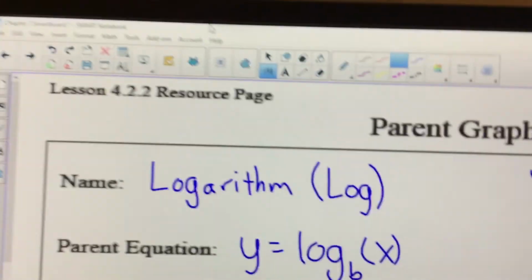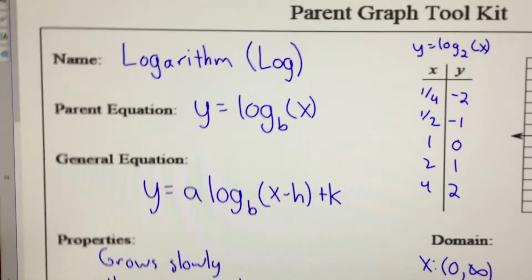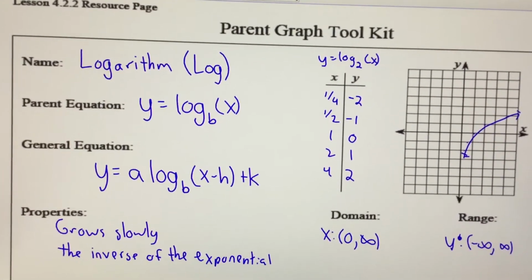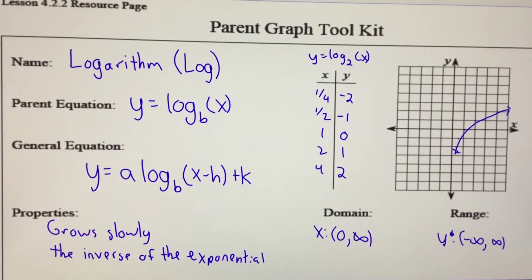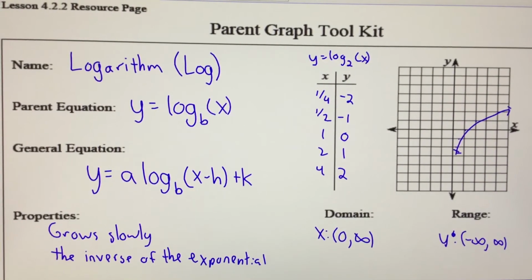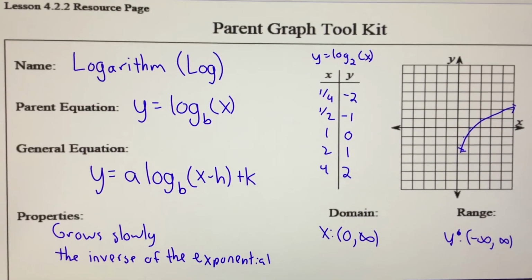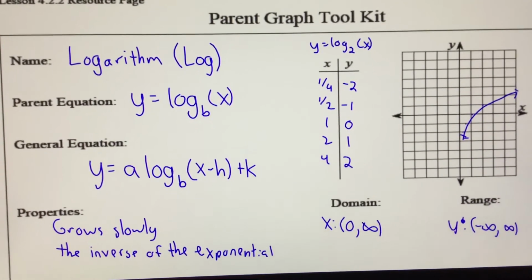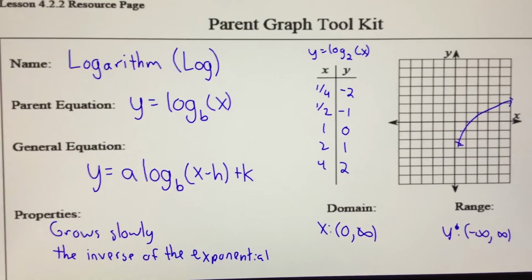But this is what we're going to have for our toolkit. So our log, or logarithm, log for short, our log base 2 table is given to us. That's the one we just wrote down on the previous page. And when we plot that, this is what we get here.